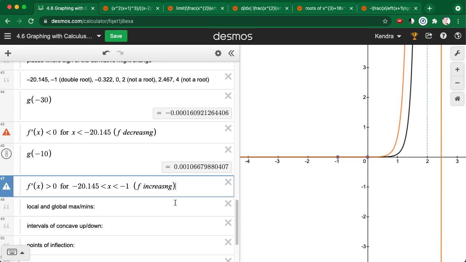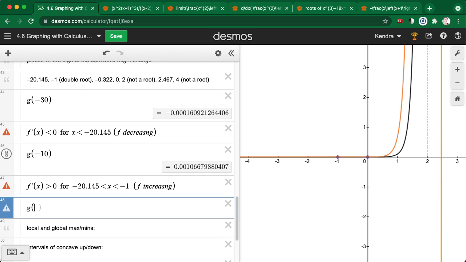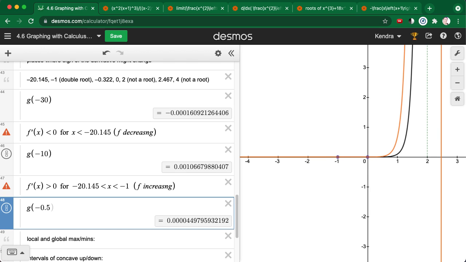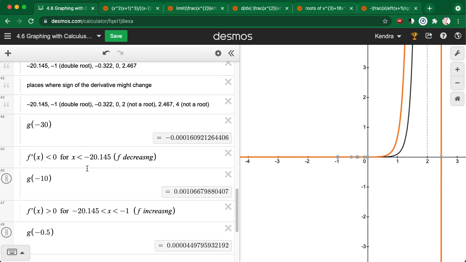And then, what is it? Between negative 1 and negative 0.3, so g of negative 0.5, for example, that's positive. Again, this is where at negative 1, the sign of the derivative is not going to change because that's a double root.